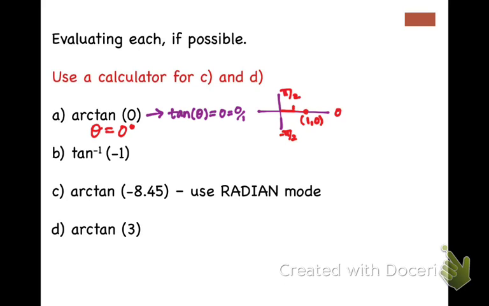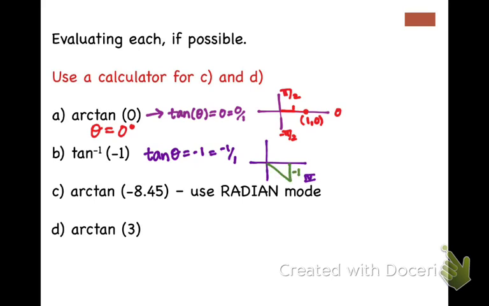I would rewrite this and say, okay, this means that tangent of some angle theta equals -1, which is -1 over 1. And again, I'm restricted to the first and fourth quadrants only, and tangent is negative down in number 4. So my picture is going to be down in number 4, and tangent is opposite over adjacent.